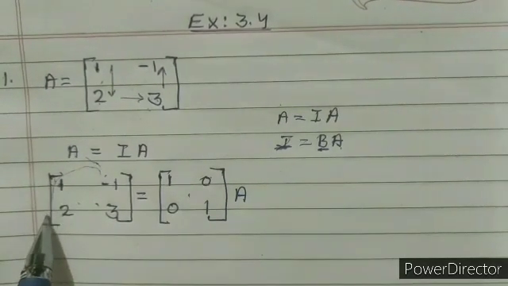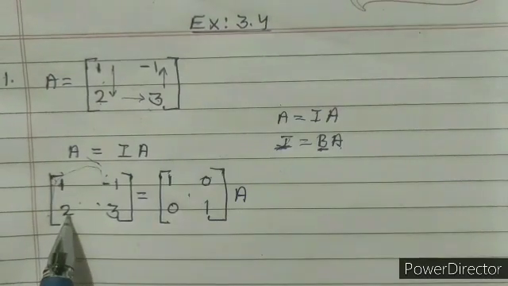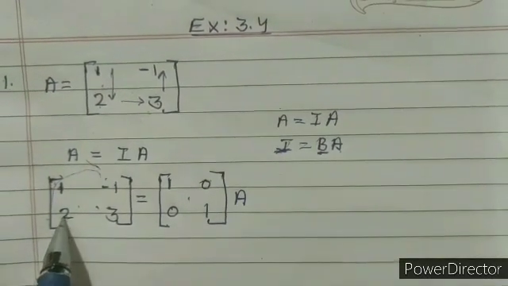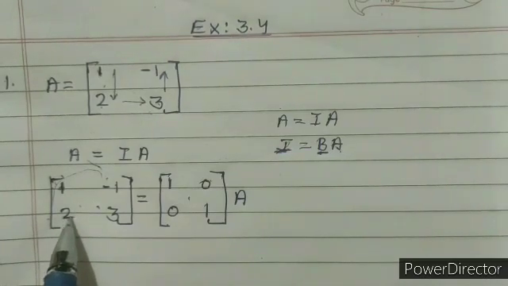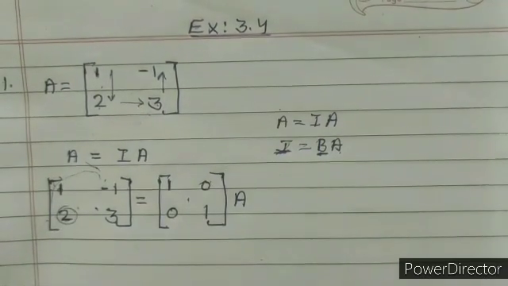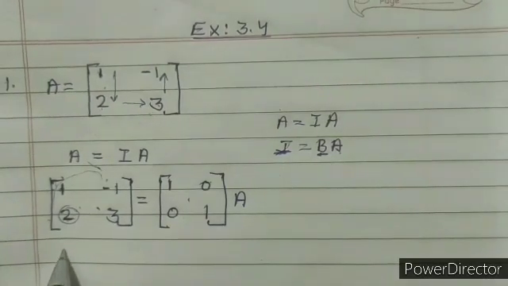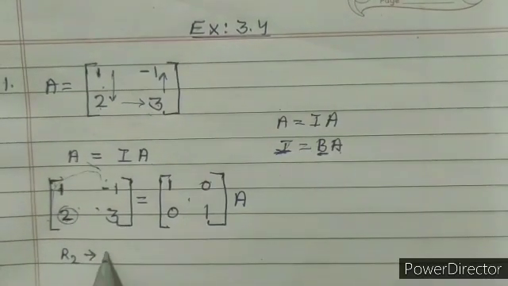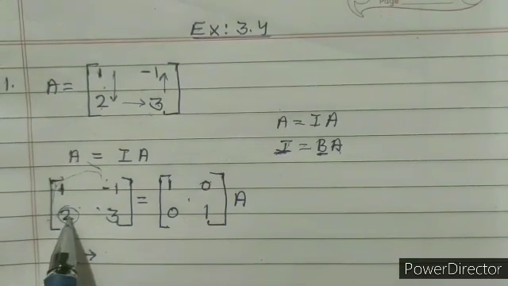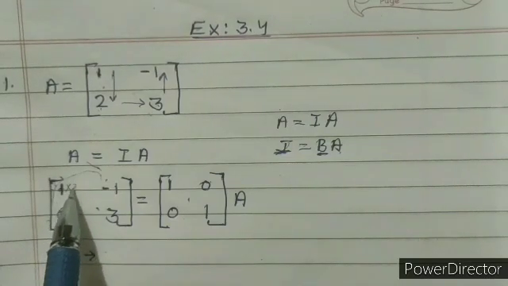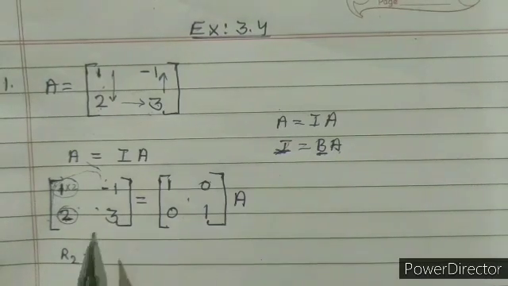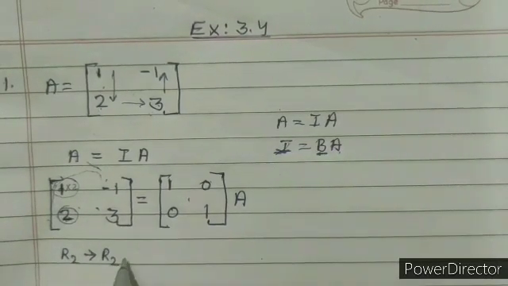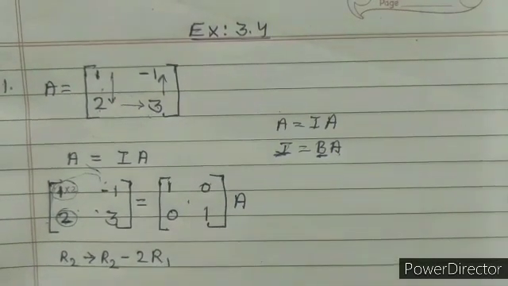Now come to the first element of row 2. This one is 2, and we have to convert this 2 into 0. That means we have to convert row 2, and we know that if we subtract 2 from 2, that will give us 0, and on multiplying 2 to the first row we get 2. So we will convert row 2 by row 2 minus 2 into row 1.